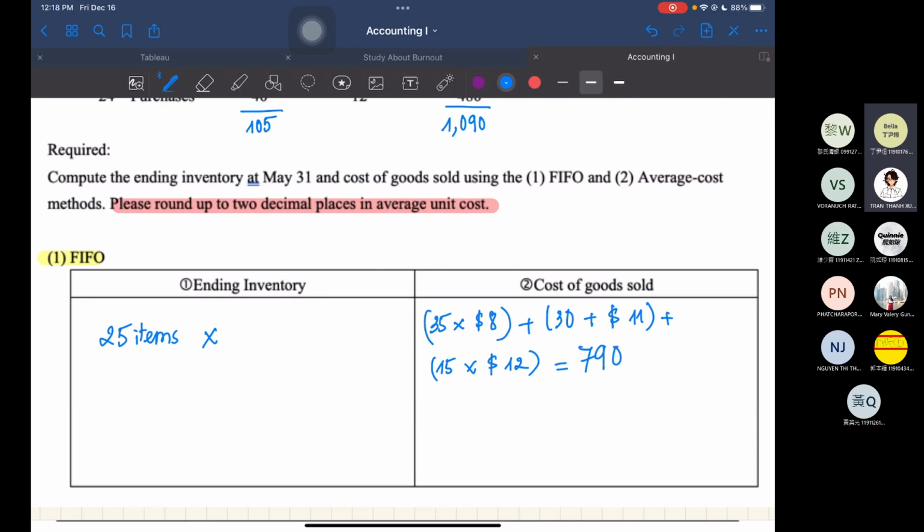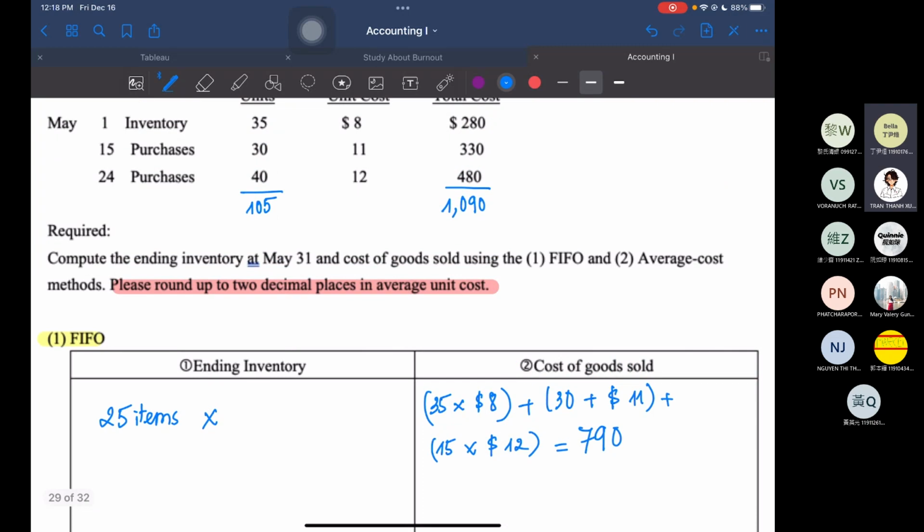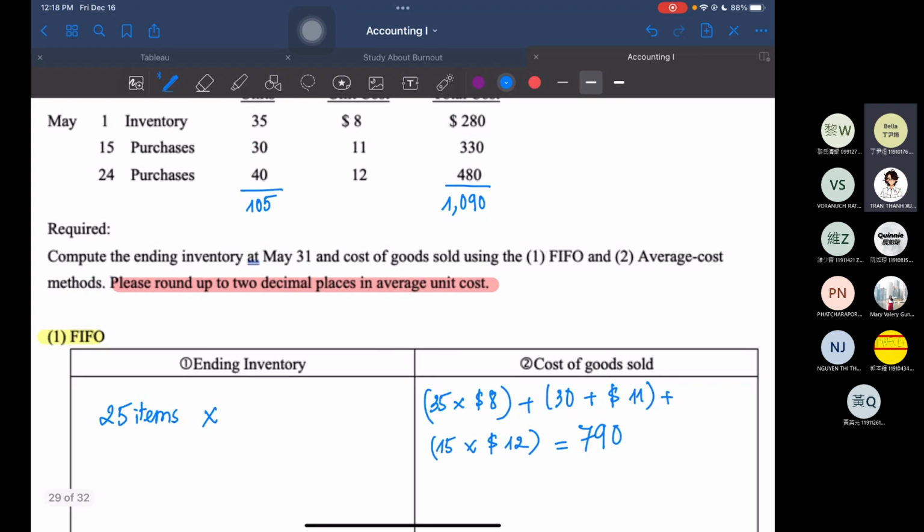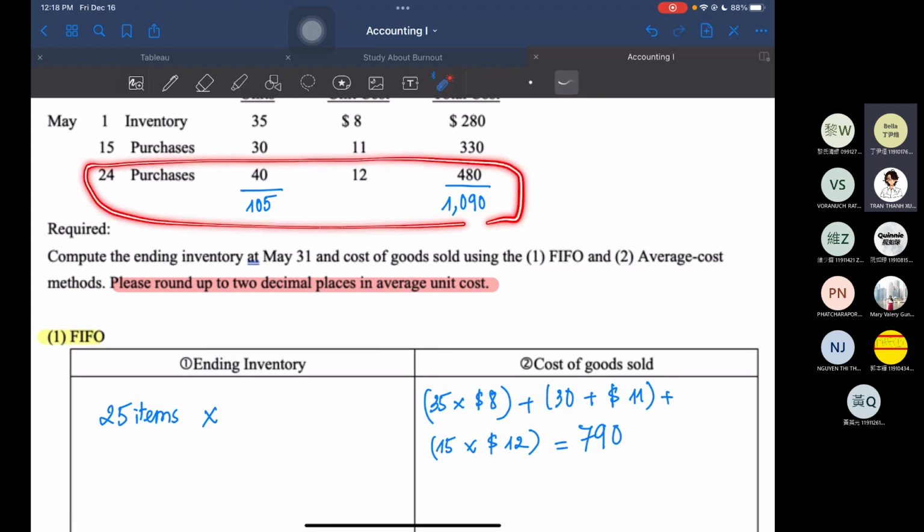Okay, so on the other side, for the ending inventory, we must go from the bottom to the top of the price, the opposite of the cost of goods sold. Here we take 25 items from the last order.